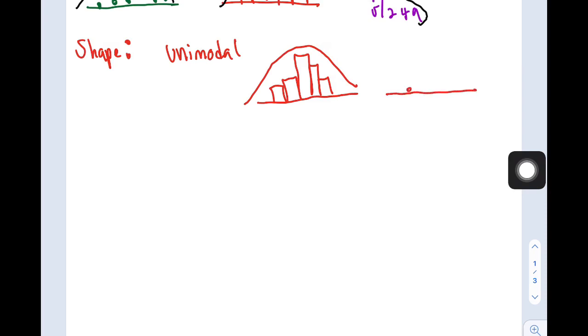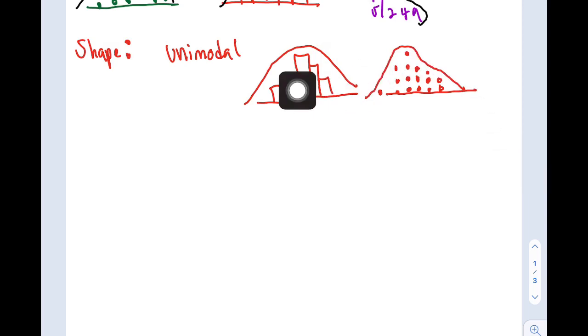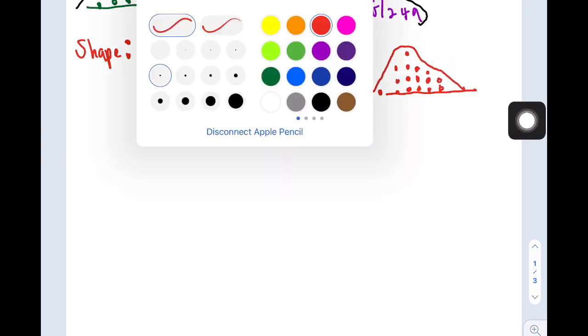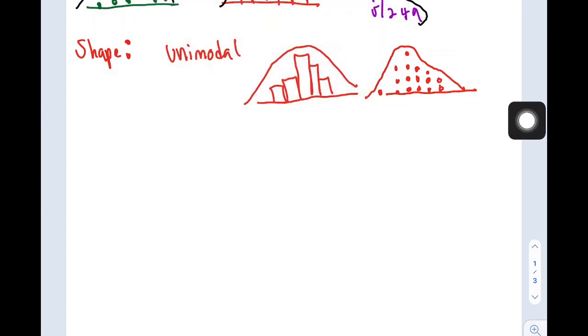That's a histogram. It could also be a dot plot. And we can see here that this one also has one peak. So we would describe these distributions when we're talking about the shape as unimodal. Uni being the prefix for one.